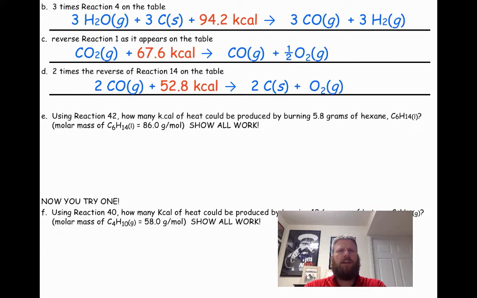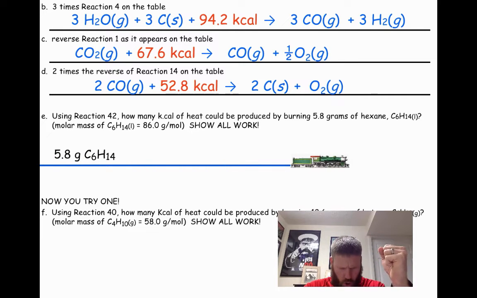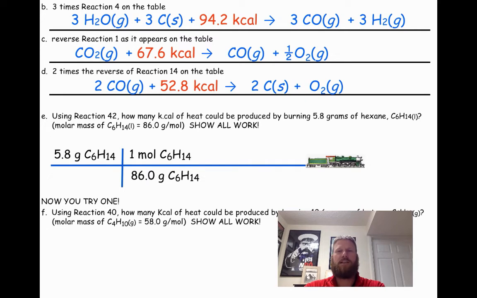Start with what's given, 5.8 grams of hexane, and then set up your train tracks. Choo-choo! Convert grams of hexane to moles of hexane using the molar mass of hexane, 86 grams per mole. From here, we can convert from moles of hexane to kcals of energy.